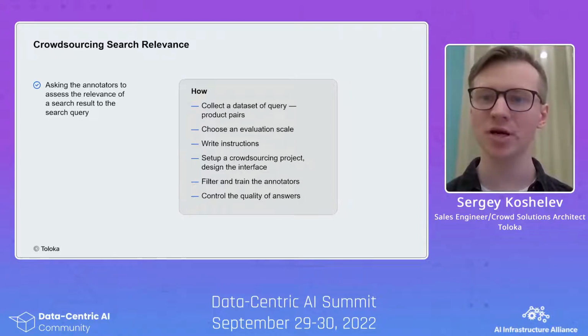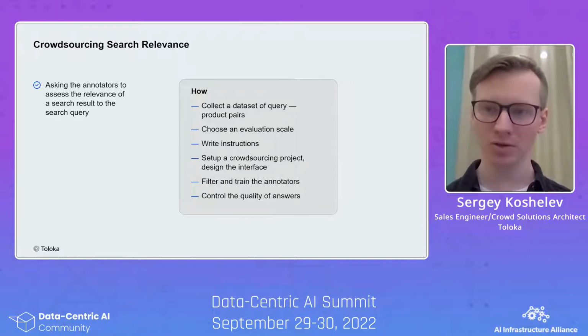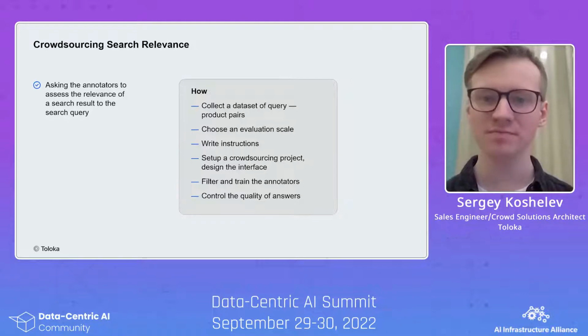Then we will need to describe it in the guidelines for the annotators, and set up a crowdsourcing project, which consists of an interface for the annotators and settings to filter and train our performers, because they are humans and we will need to describe the task at hand and choose a relevant subset from a large crowd of potential annotators. And when these annotators start working on our project, we will need to control the quality of their answers.